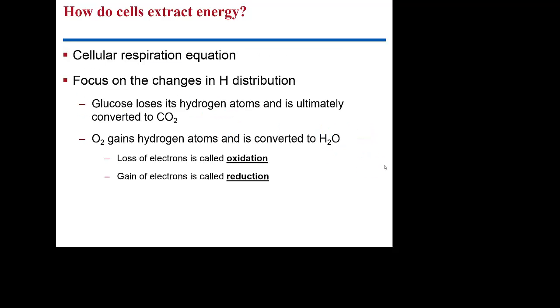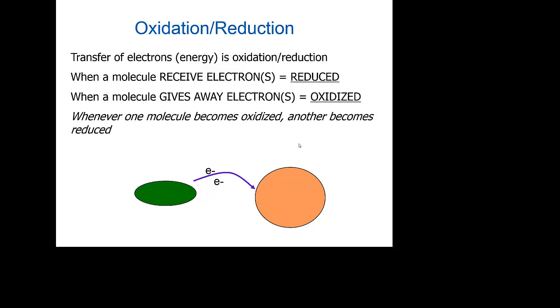Now, when we focus in on the cell respiration equation, we do have to look at who is gaining and who is losing electrons. So this is something known as a redox reaction, or a reduction oxidation reaction. And when we look at redox reactions, what we're really looking at is where electrons are coming from and going to.